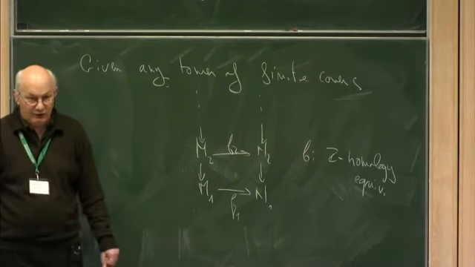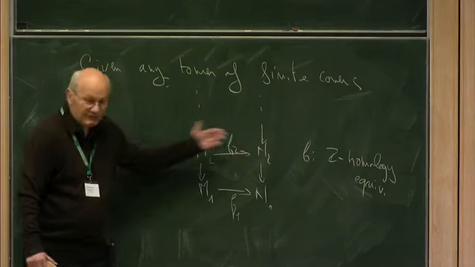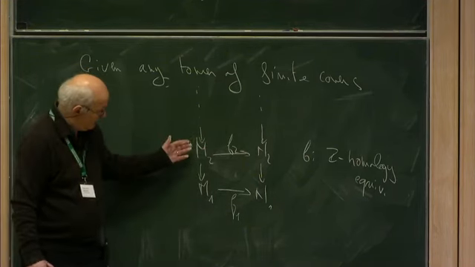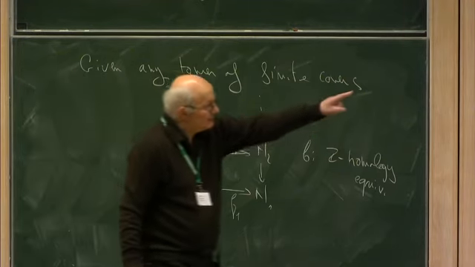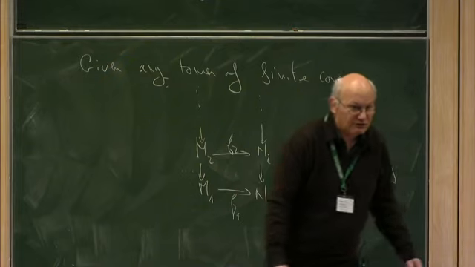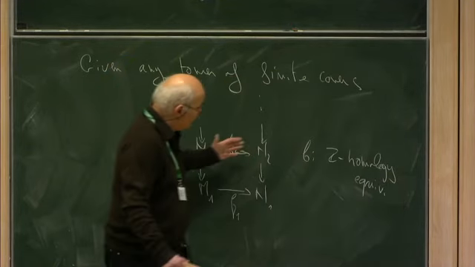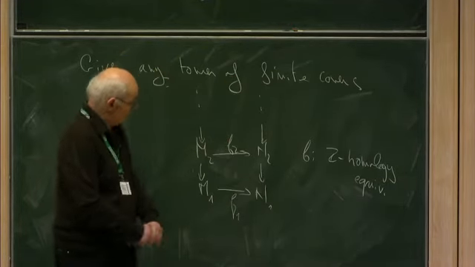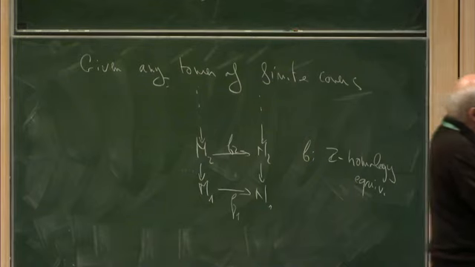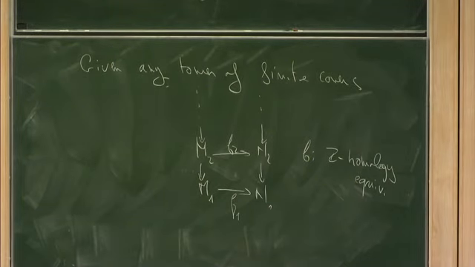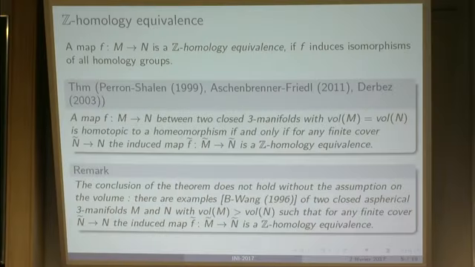And in general, there is no homeomorphism. And so when you don't have this hypothesis on the volume, then you can find examples of two manifolds with different volume, and such that you have this induced homology equivalence.